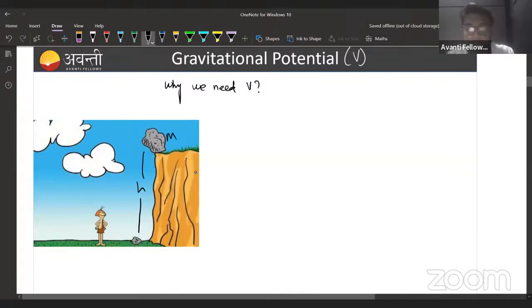By the way, gravitational potential and potential energy are two different things. So first we are going to talk about potential and then we are going to see.